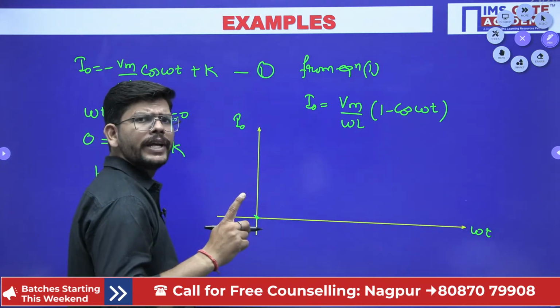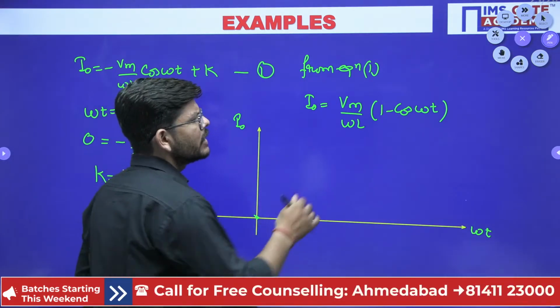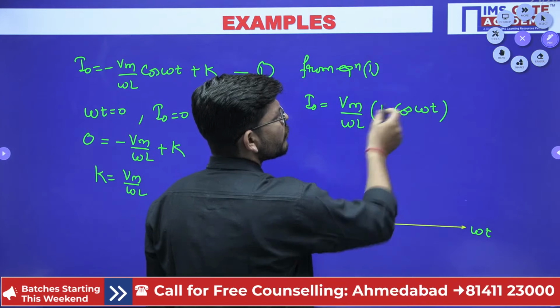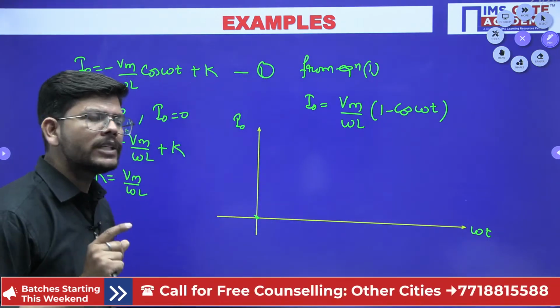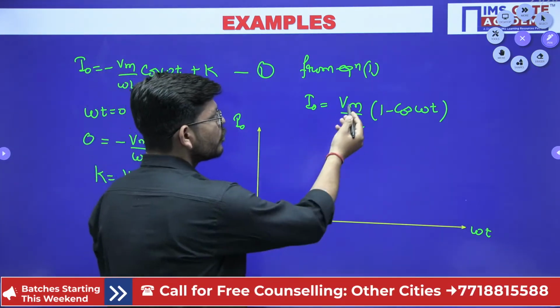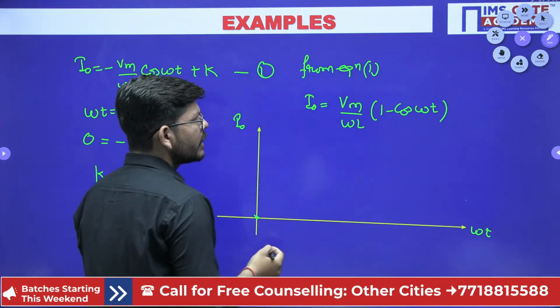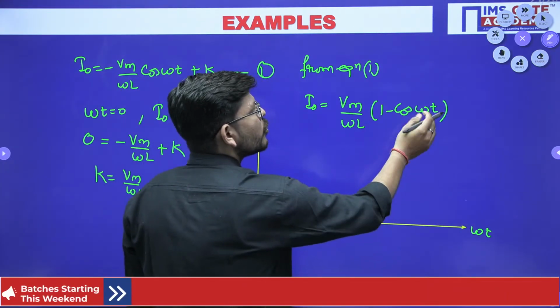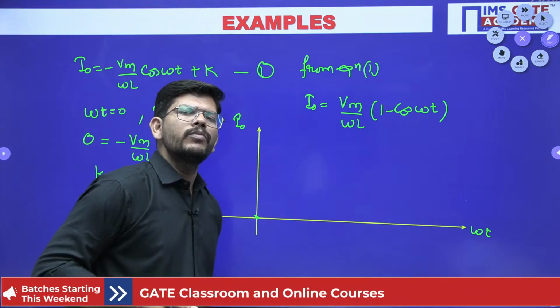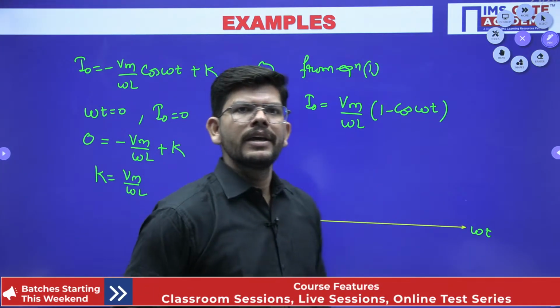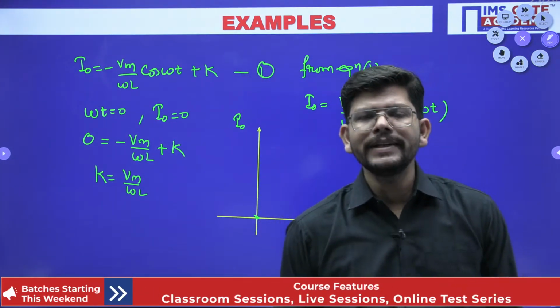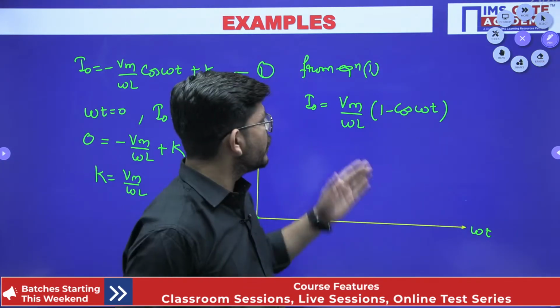If I put omega t equals to pi, this will become cos of pi, which is minus 1. Then this will become 2 Vm by omega L, isn't it? And if I put omega t equals to 2 pi, cos 2 pi is again the same as cos 0, which is 1. So 1 minus 1 will be 0.